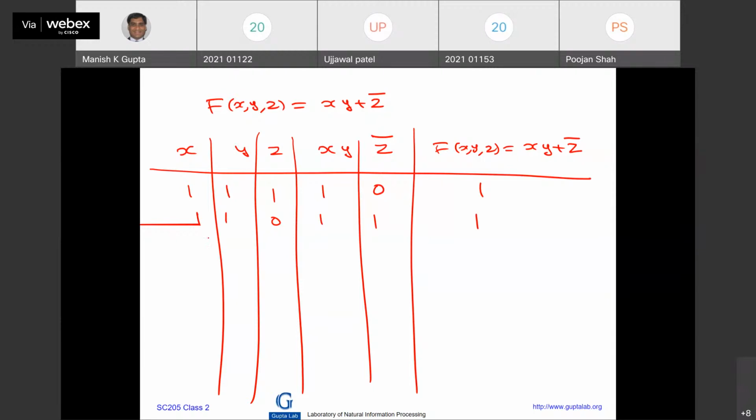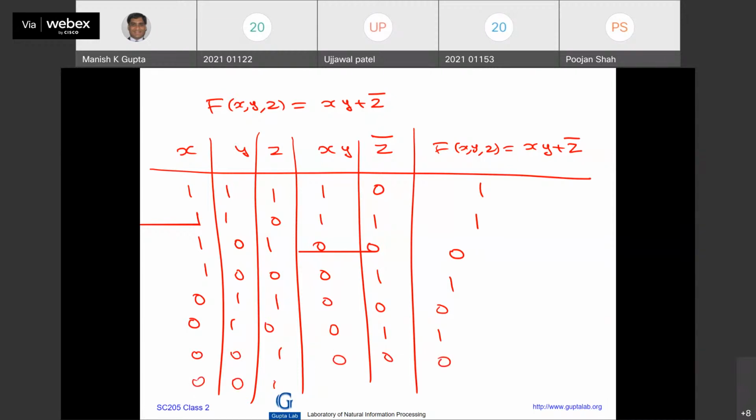This 1, this is 1. 1, 0, 1. 0, 0, 0. 1, 0, 0. 0, 1, 1. 0, 1, 1. 0, 0, 0. 0, 1, 0. 1, 1. 0, 0, 1. 0, 0, 0. 0, 0, 0. 0, 1. This is a simple calculation. You can do it all the time.